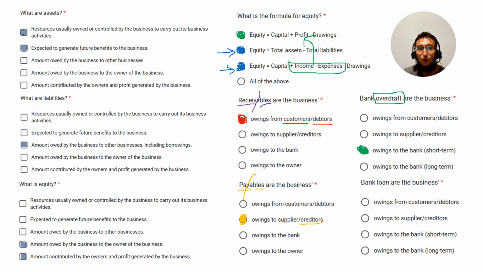Okay, for longer term owings to the bank, we would term them as bank loans. Alright, so do take note of these common accounts that we have just learned. First one being receivables, second one payables, third bank overdraft, and fourth bank loan.